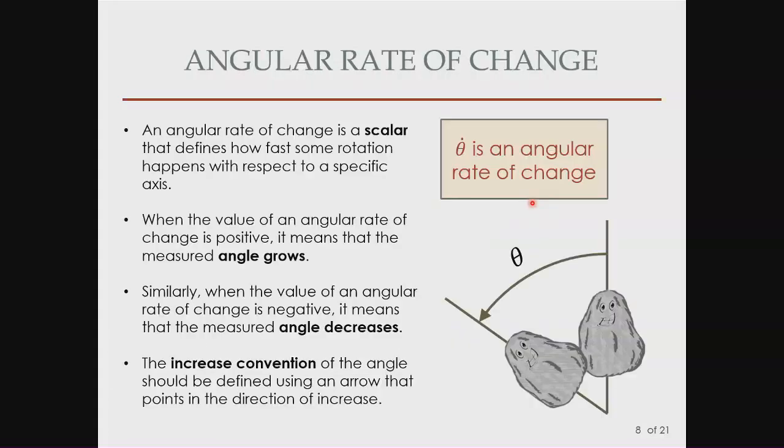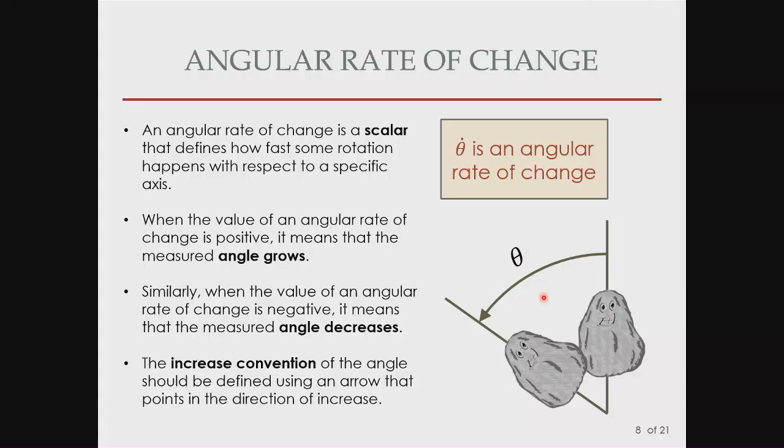Okay. Now, before we can actually go defining specific angular velocities, we need to understand the notion of angular rate of change. What is angular rate of change? If I have a body rotating in a particular direction or about a particular axis, the angle it sweeps is some angle, let's say theta in here.